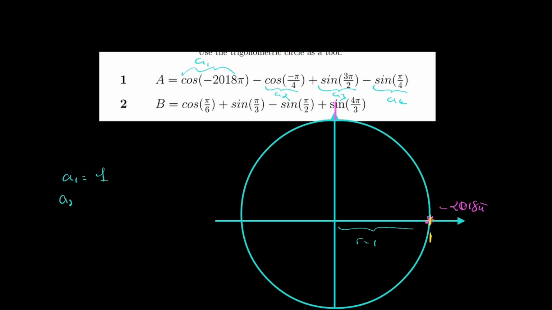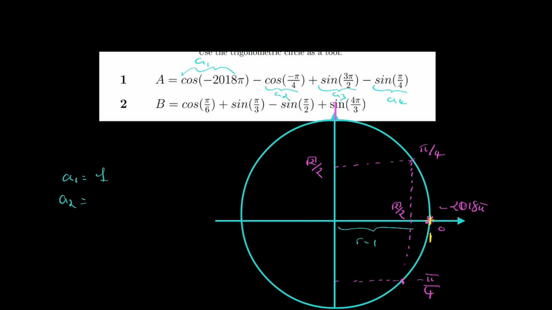Now what about A2? We've got our angle minus π over 4. So we start from 0 and we go minus π over 4. We don't know so much about what happens in minus π over 4, but we know what happens in π over 4. In π over 4 we have the cosine equal to square root of 2 over 2, and the sine equal to square root of 2 over 2 as well. Now what happens for minus π over 4?